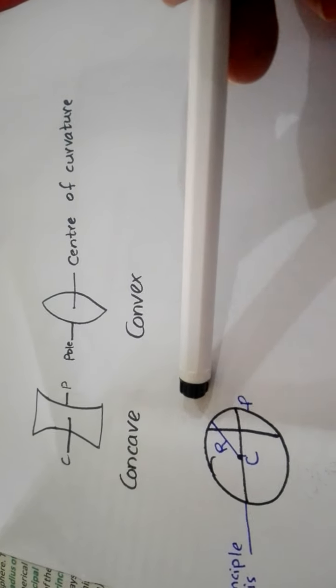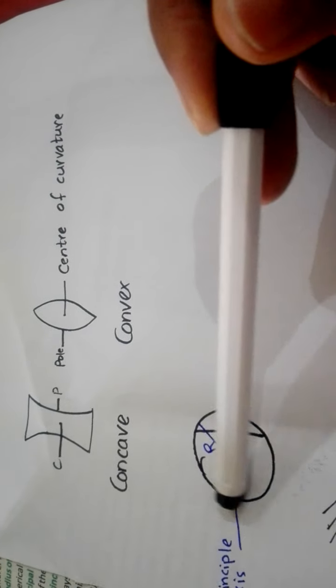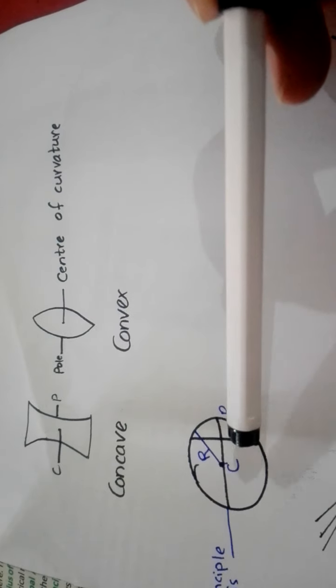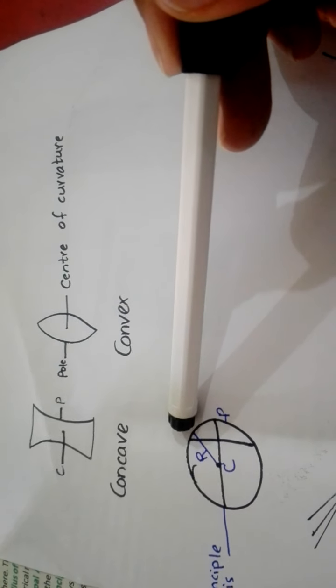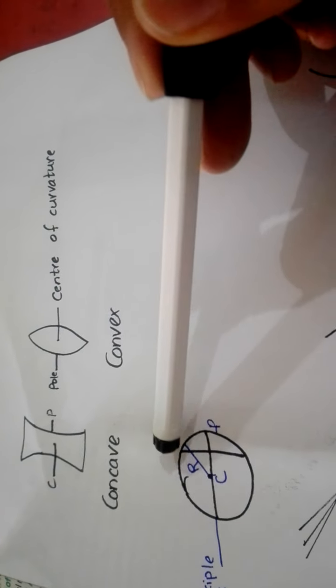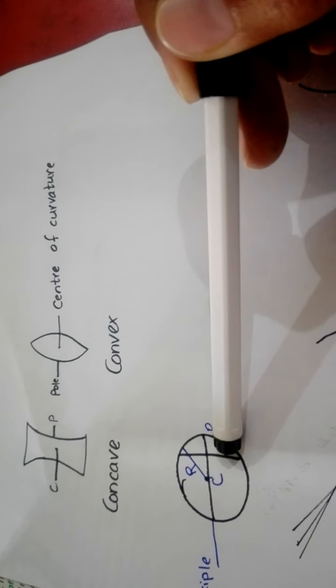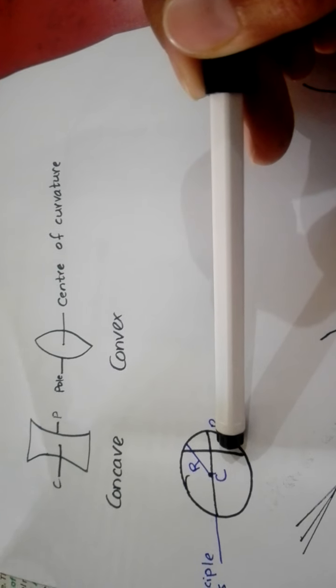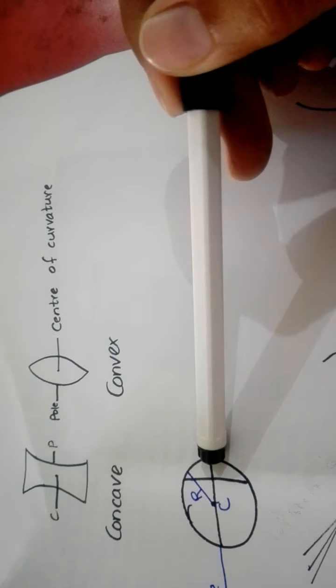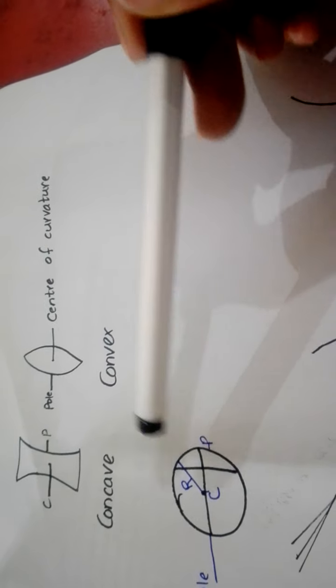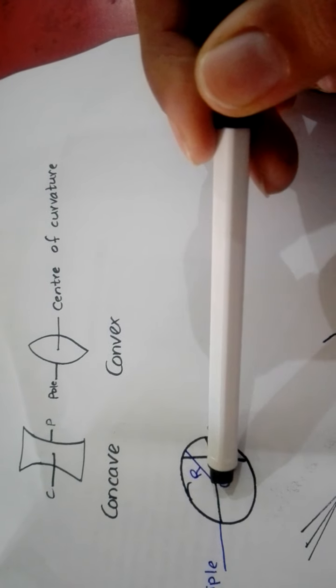Then we have some parts of the mirror. Here I made a spherical mirror, and from that I made a part of the mirror that is the concave. You see outer surface is the curved, so this will be the convex mirror. Okay, when I made this I will show you that this is the center of the sphere.